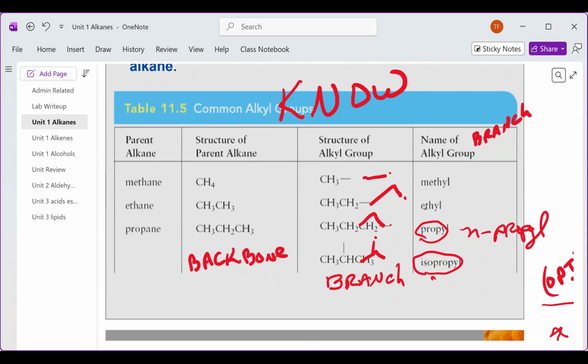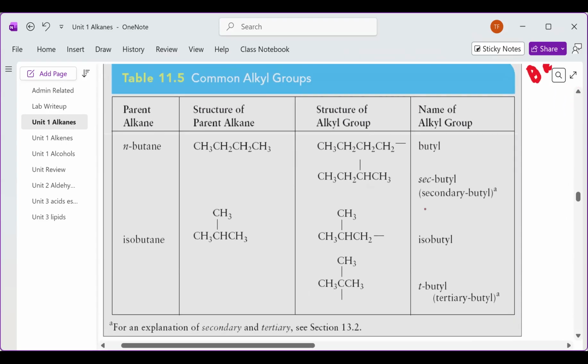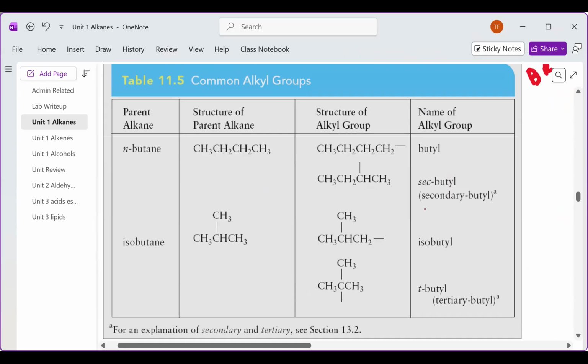This you need to know. This is getting into naming. And we're not going to be using these.